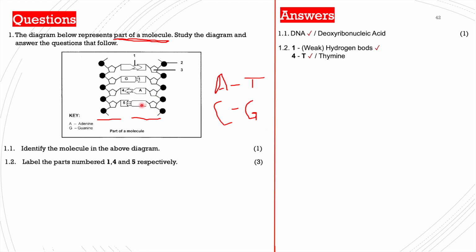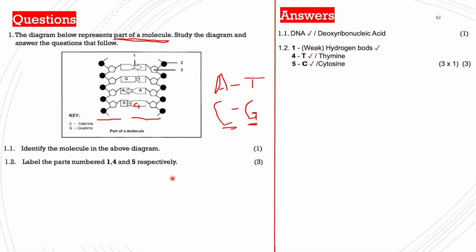Therefore there it will also be guanine. All right, so you can slot it in and say that part is guanine. And what is complementary to guanine? That is cytosine. It means part labeled 5, this one over there, would be cytosine.